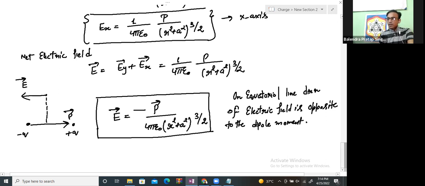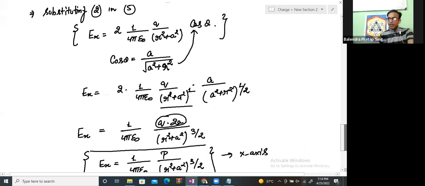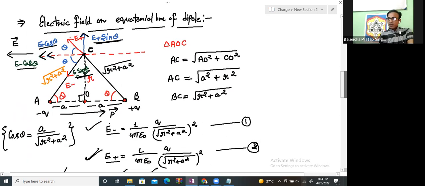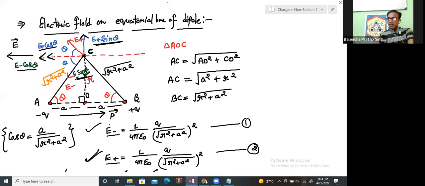If you have any doubt, I'm going again to the figure. See in this figure, the direction of the net electric field is along the negative x direction, and the direction of the dipole moment is along the positive x direction.